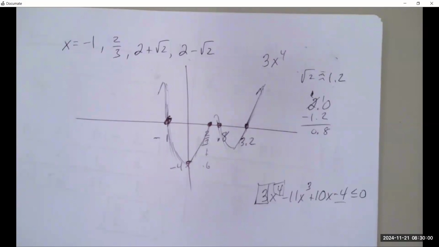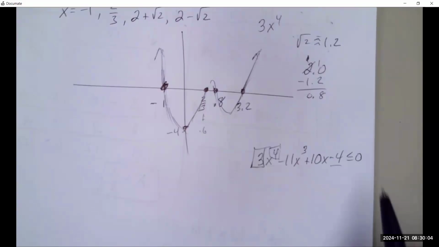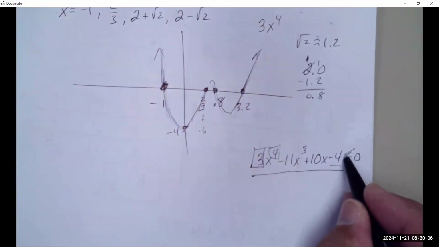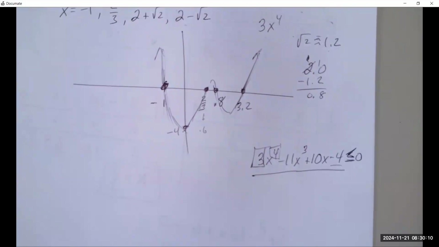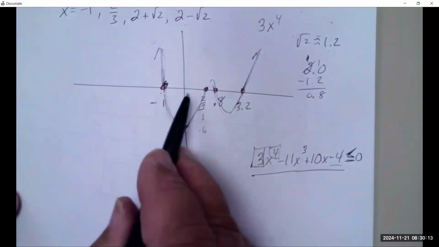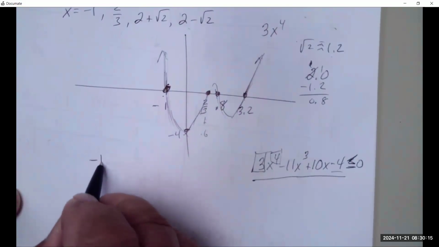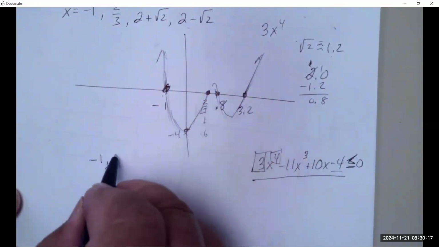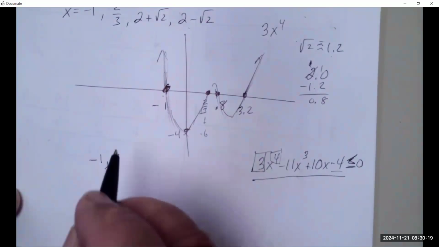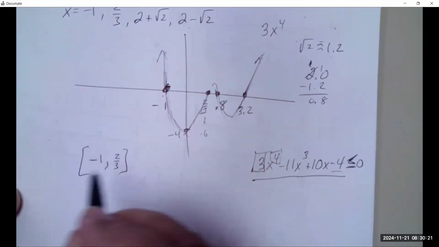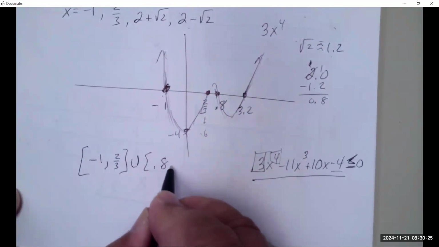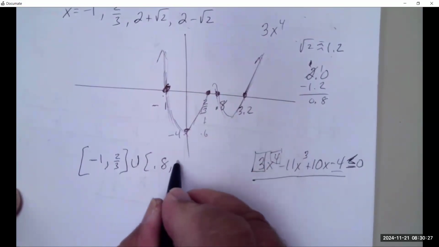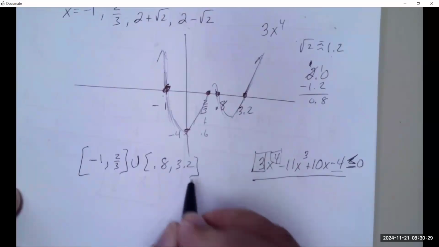Do we want above or below the x-axis? Because we want, where is the function less than or equal to 0? So it's less than or equal to 0 from -1 to positive 2/3, and then from 0.8 to 3.2.